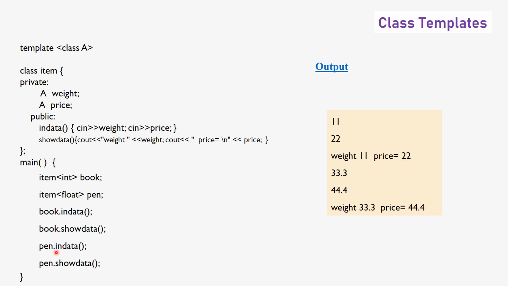Then for pen.inData, we entered float variables, and then these float variables are shown by the show function. So remember, for the pen object, these variables become float variables, and for the book object, these are integer variables, and as you can see in the result.